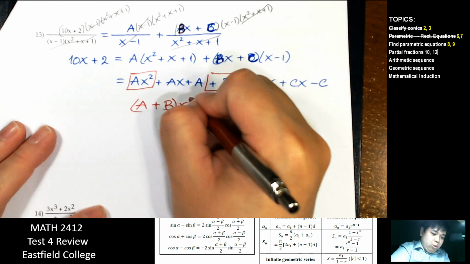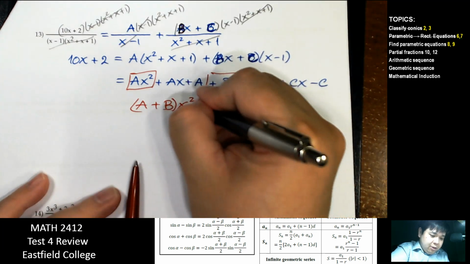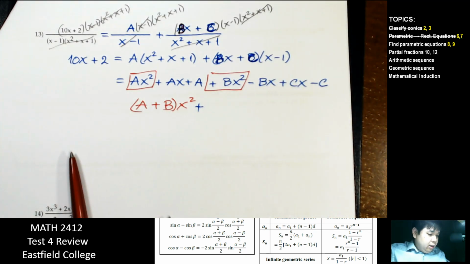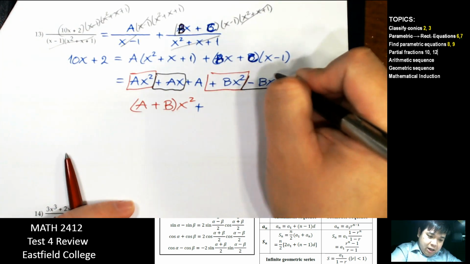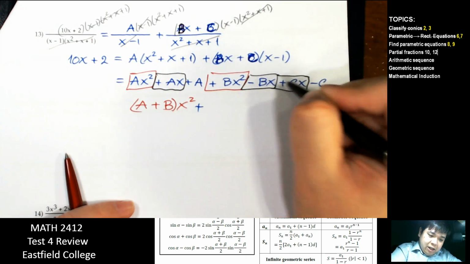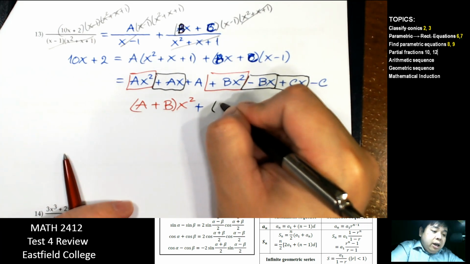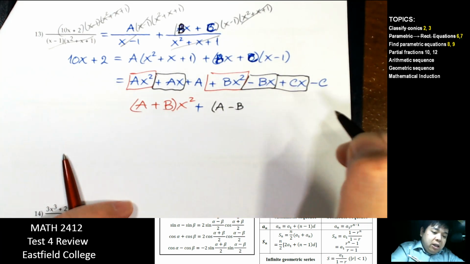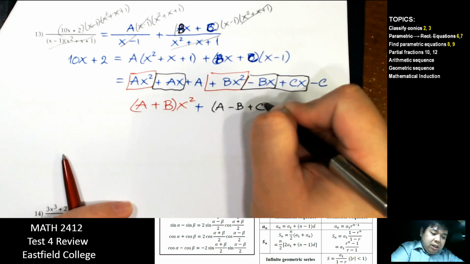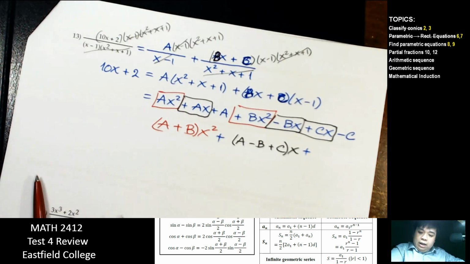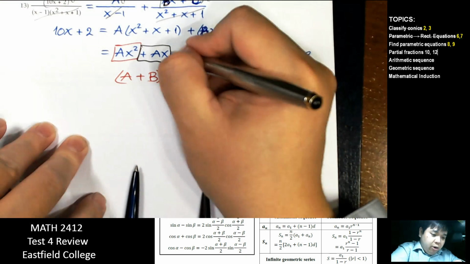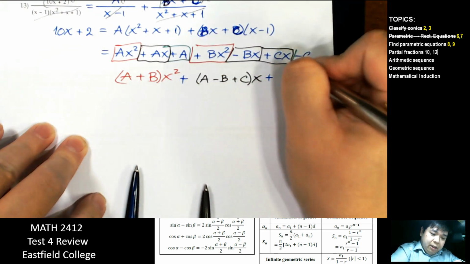We have x squared, ax, negative bx, and cx. So a minus b and c x. And finally, for the constant we have a and negative c.